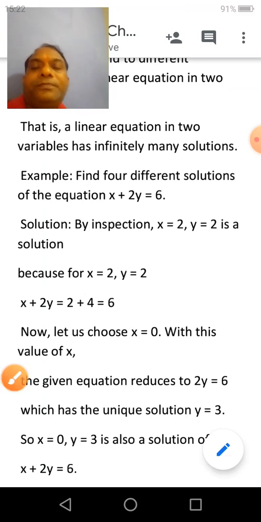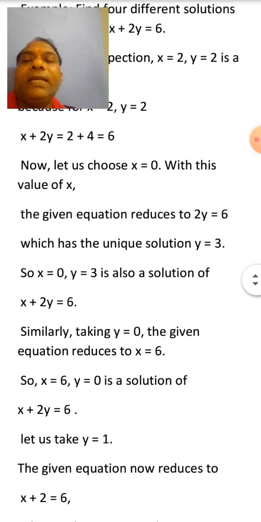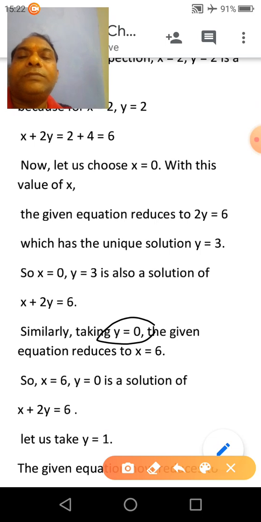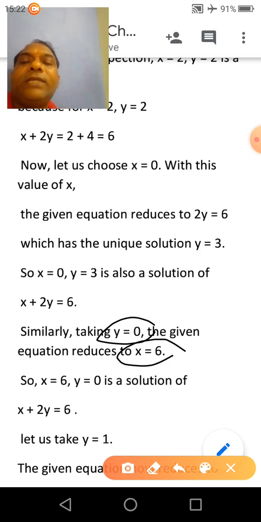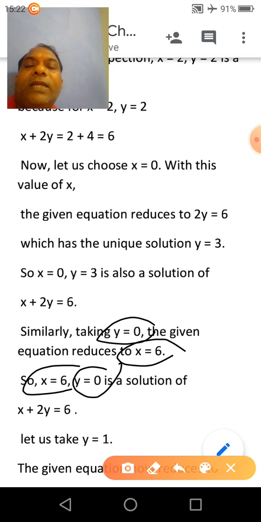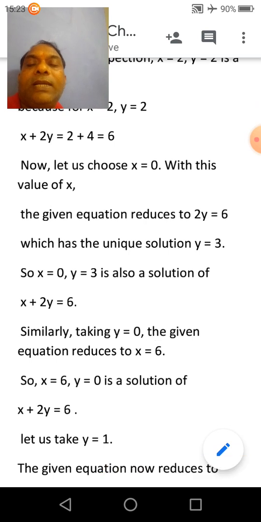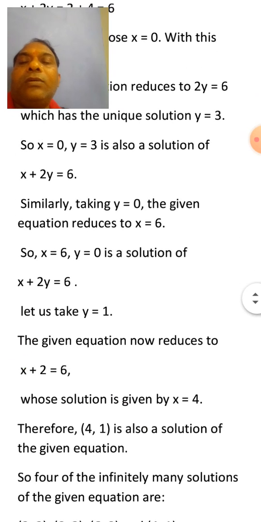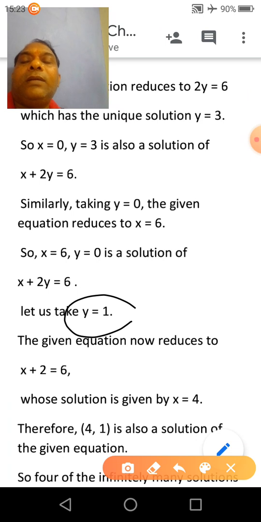Now similarly, if you put y is equal to 0, then you have x is equal to 6. So x is equal to 6 and y is equal to 0 will satisfy the given equation. So we can say that (6, 0) is the third solution. Clear? Now put y is equal to 1 in the given equation, then x plus 2 will be 6, so x is equal to 4.